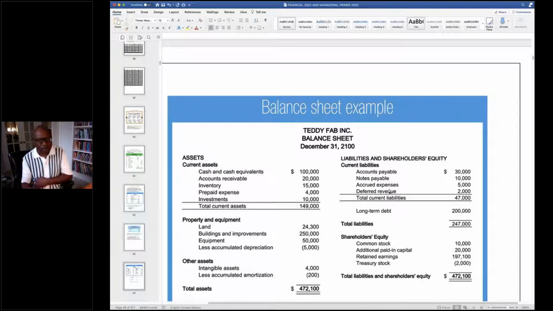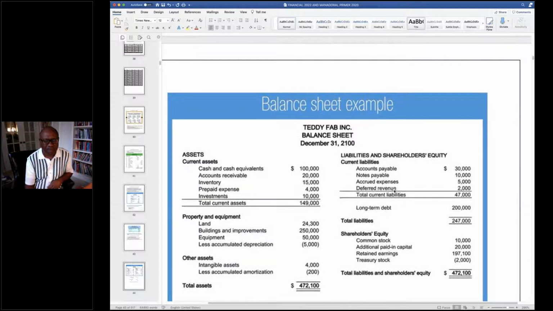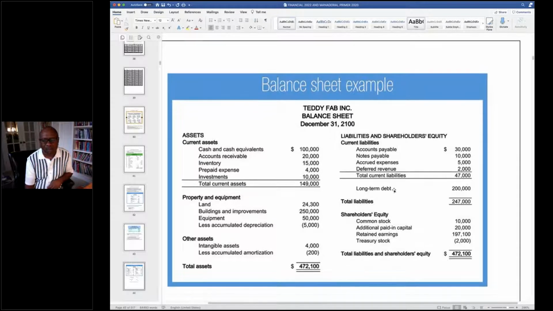Okay. Professor, is this balance sheet balanced? I tried to add up the liabilities and shareholders' equity, and it's not coming out equal for me. Now it's coming up 476,100. I'm not sure if I'm tripping. Okay, so you got 476 and it's got 472. So you're 4,000 off.